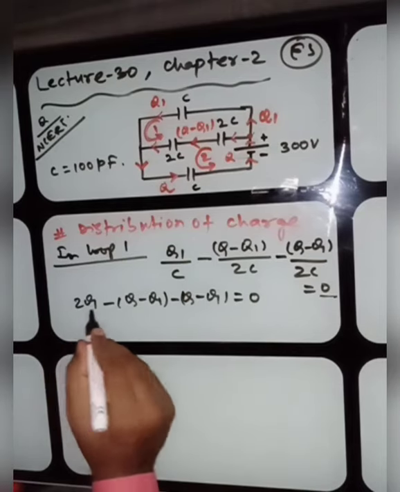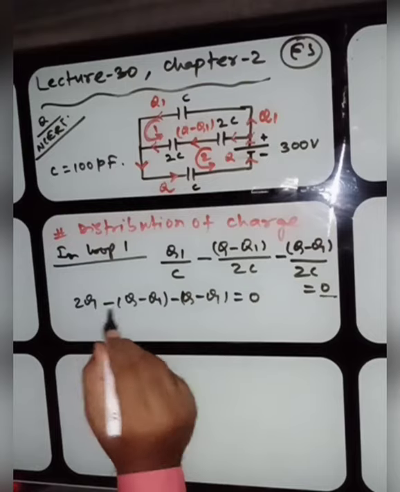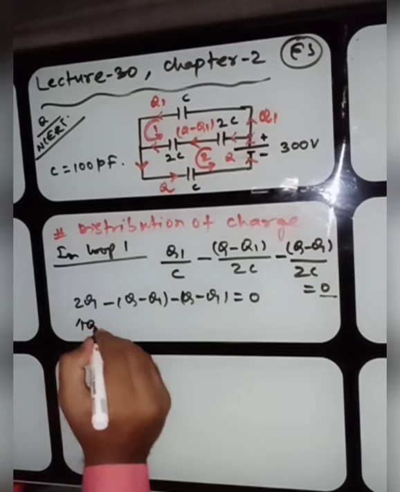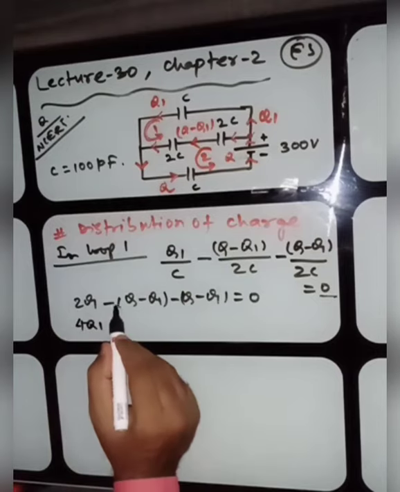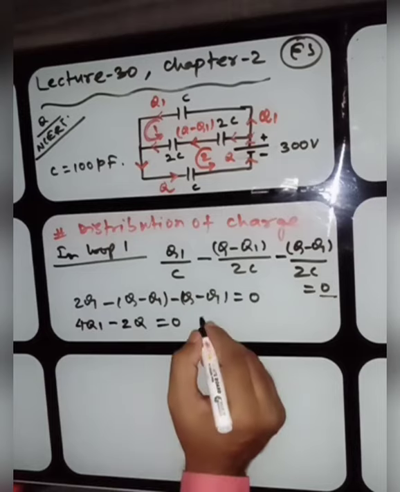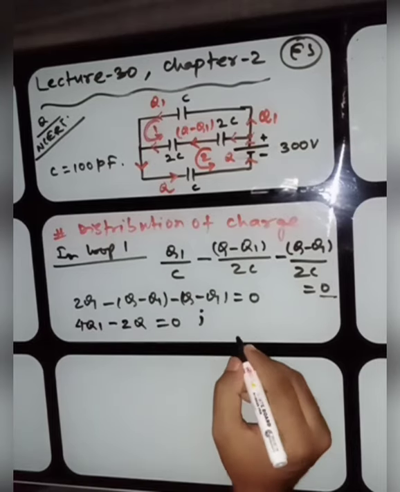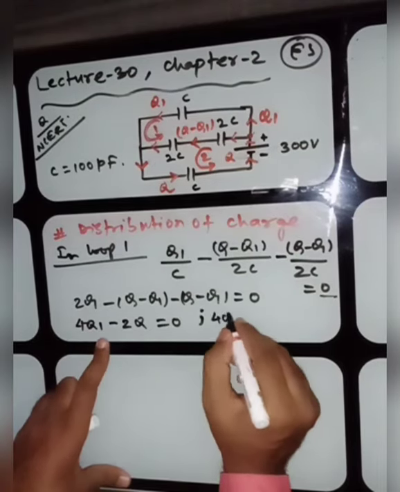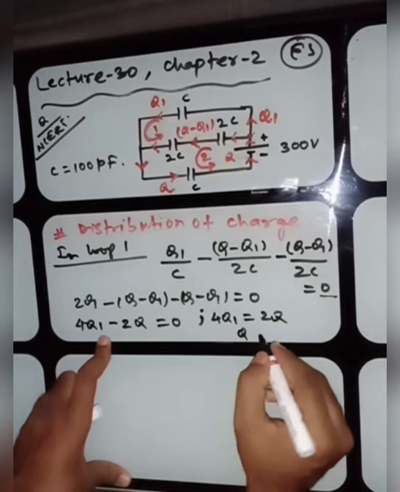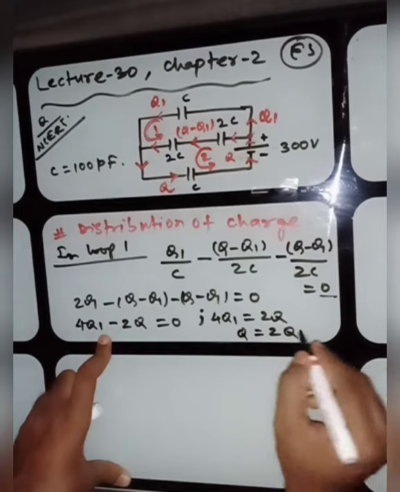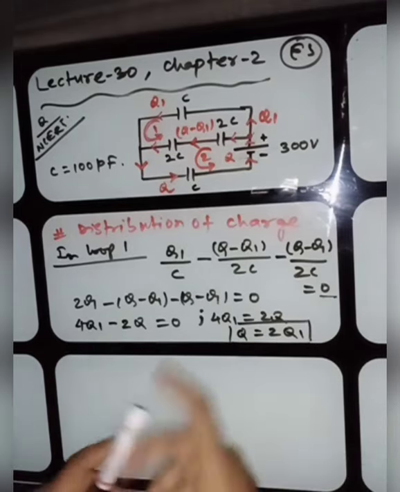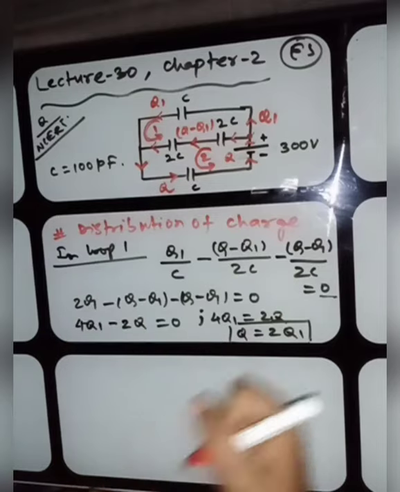So 2Q1, Q1 and Q1, how much? 2, 3, 4. 4Q1 minus Q and minus Q, so minus 2Q equals 0. You can simplify this as 4Q1 equals 2Q. It means Q equals 2Q1. That is the one relation. Now the next relation you will find from the second loop.